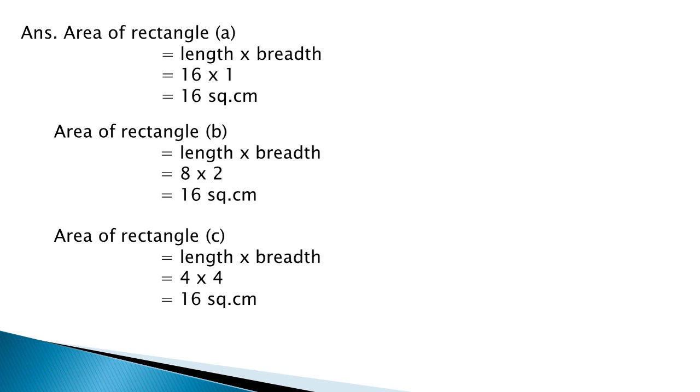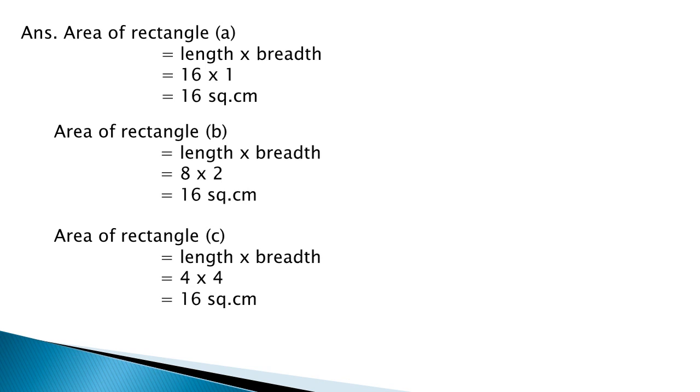Area of rectangle C, length into breadth, again the same formula. And I told you that figure C is square shaped, so all sides are the same, so rows and columns are the same, so length is also the same, breadth is also the same. 4 multiplied by 4, 16 squares.